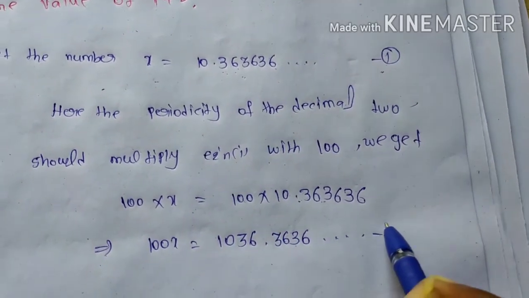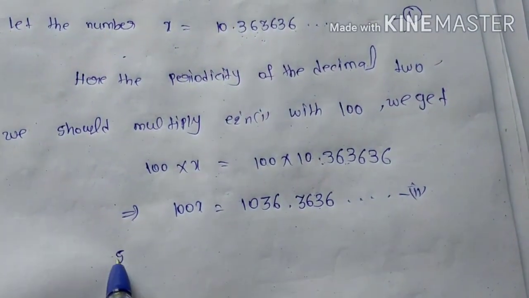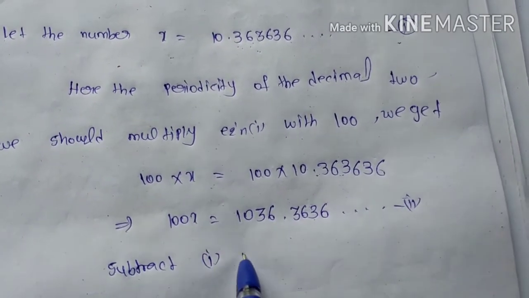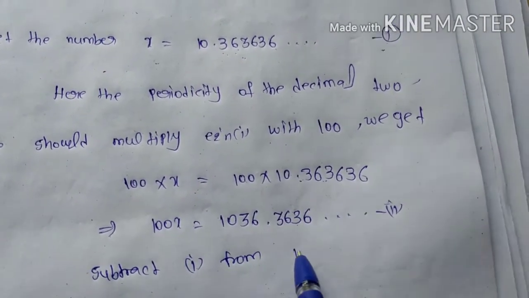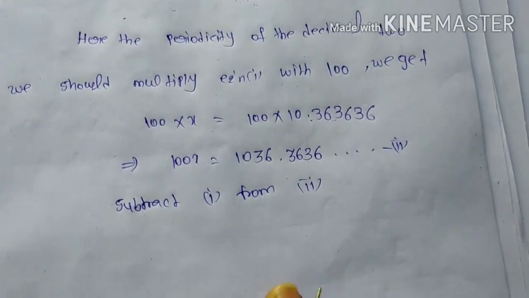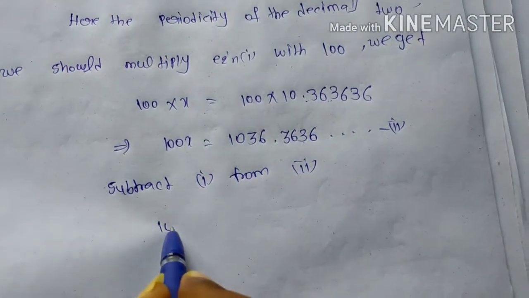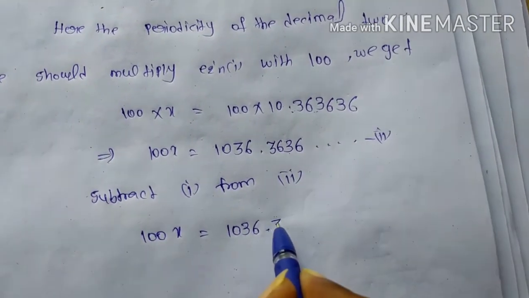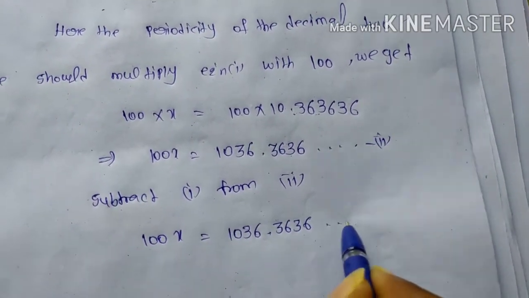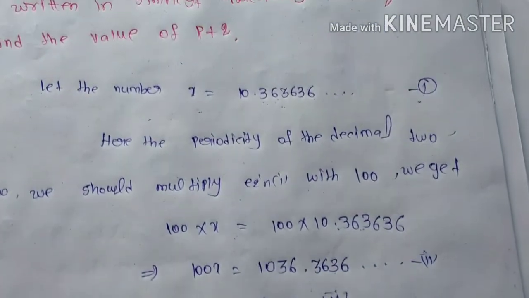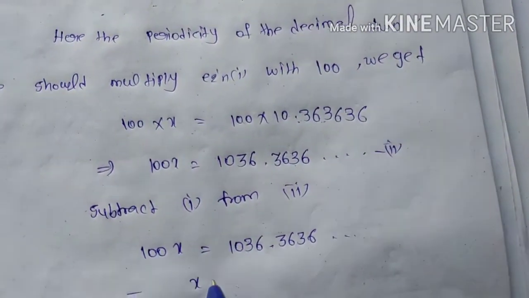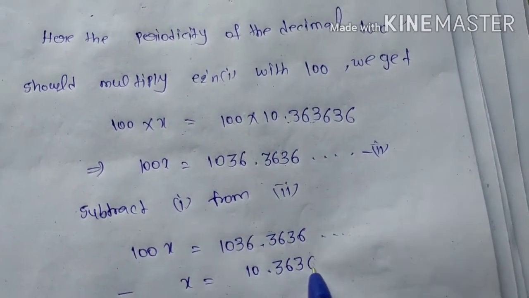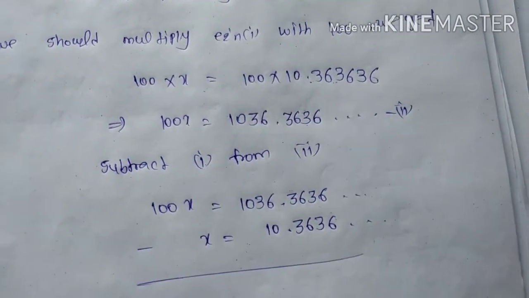Now take this as equation 2 and subtract 1 from 2. That means 100x is equal to 1036.3636, minus the first equation, x is equal to 10.3636 and so on.